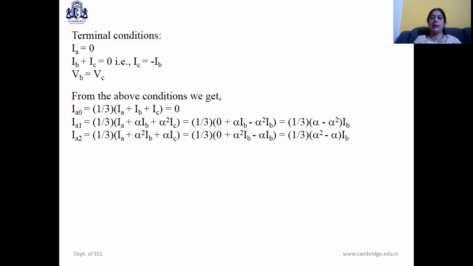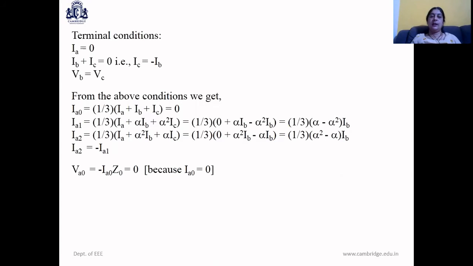Similarly, IA2, we get it to be 1 by 3 times of alpha square minus alpha IB. So again here it indicates that IA1 is minus IA2 or IA2 is minus IA1. They are mutually in opposite directions.